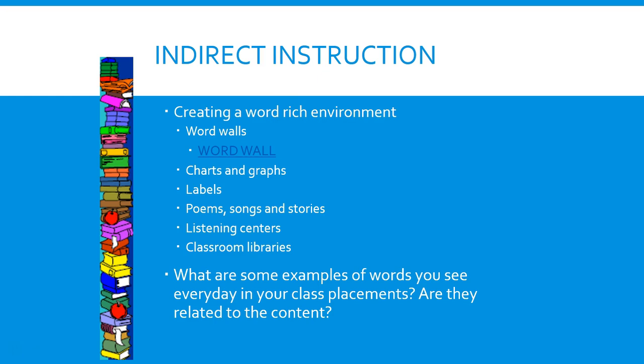What are some examples of words that you see up on the wall? How do teachers use words? Are the words up there randomly? Are they related to content? That's one thing you can take a look at to see how your teachers and teachers in your school are doing this.